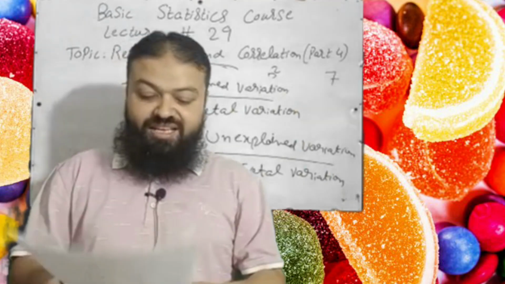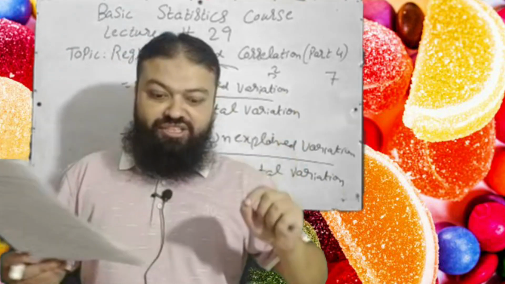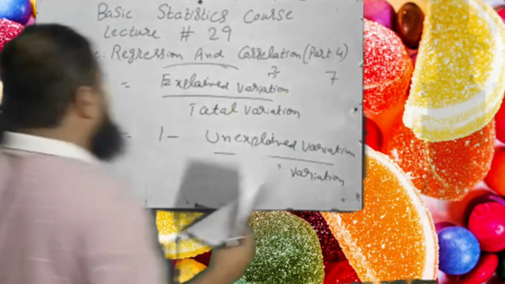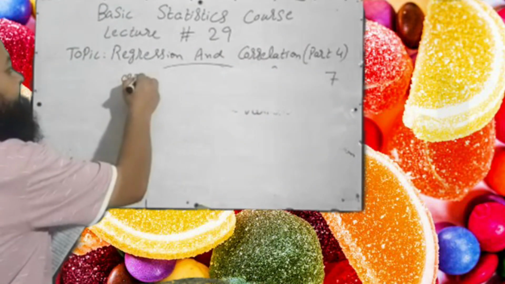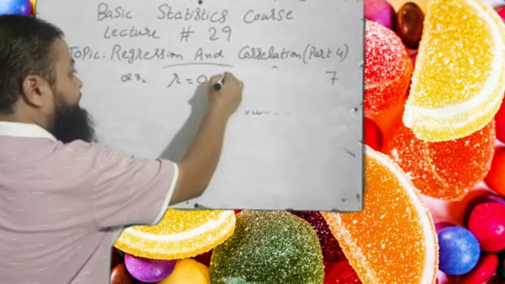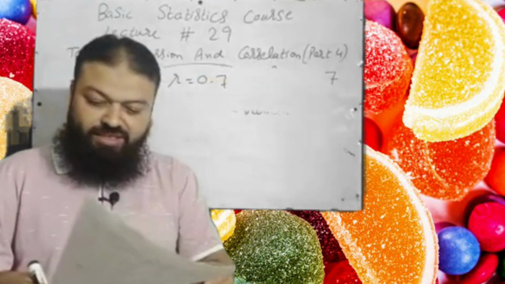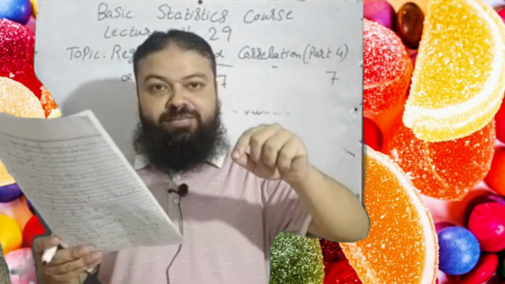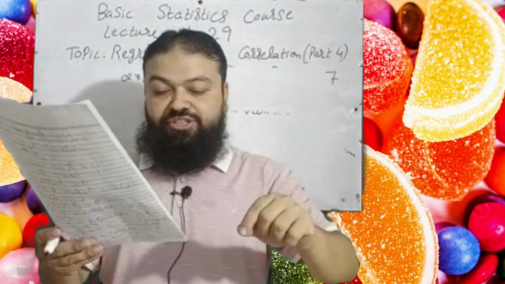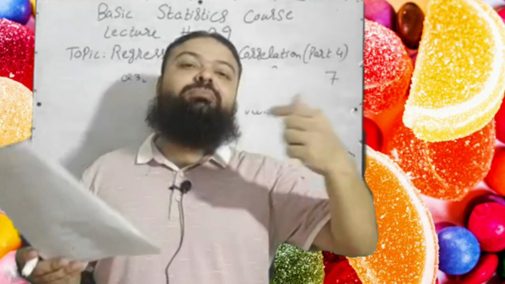Question number 3, the correlation coefficient is 0.7; the percentage of variation in the dependent variable explained by the variation due to the independent variable is.